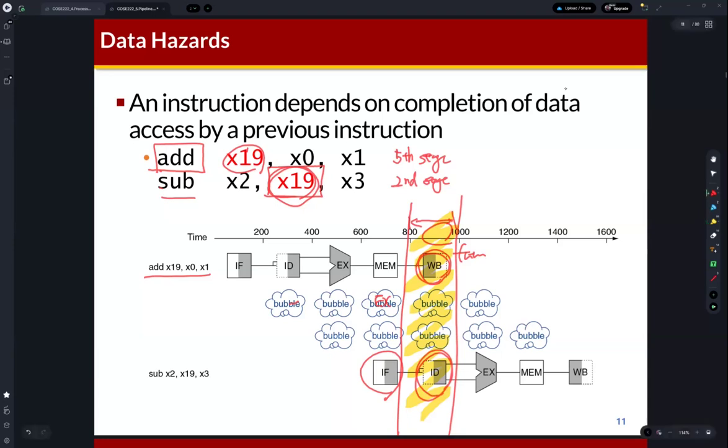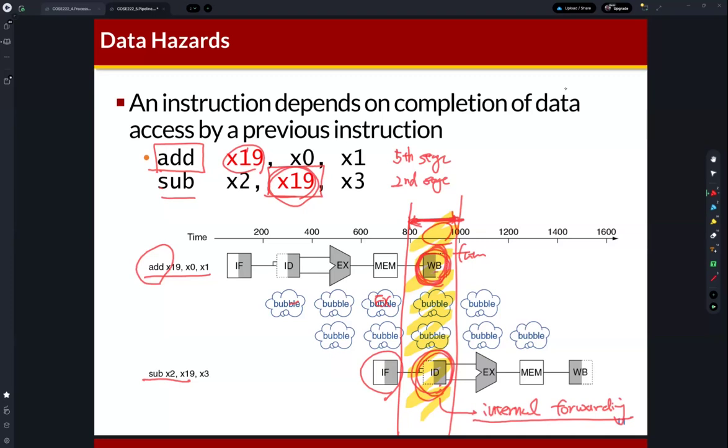But actually we assume that the data can be forwarded in the register file, and this forwarding is called the internal forwarding. So what does it mean? During the same time slot, that is the clock cycle, add is writing data to the register file in the write back stage, and sub is reading data in the instruction decoding stage.